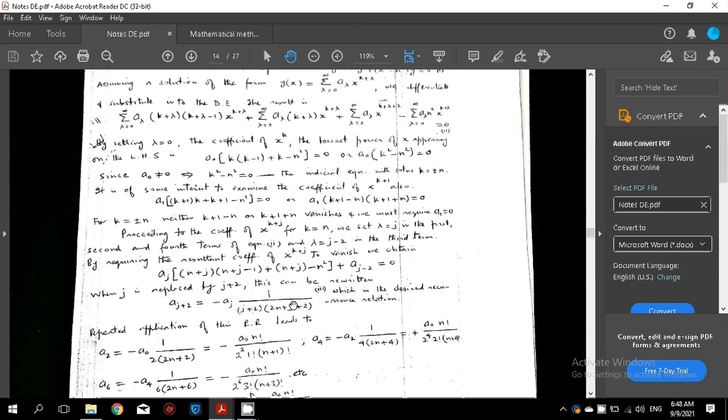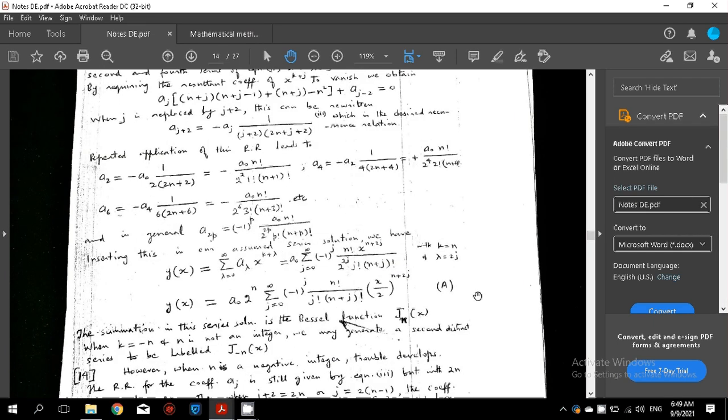From this recurrence relation, starting from a naught, we have proceeded to find the coefficients a2, a4, a6, and so on.